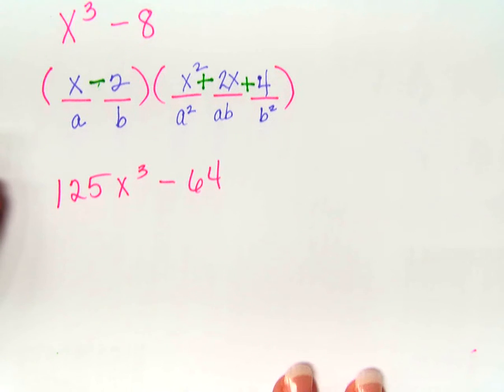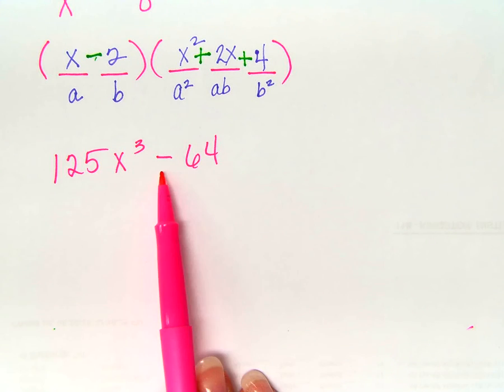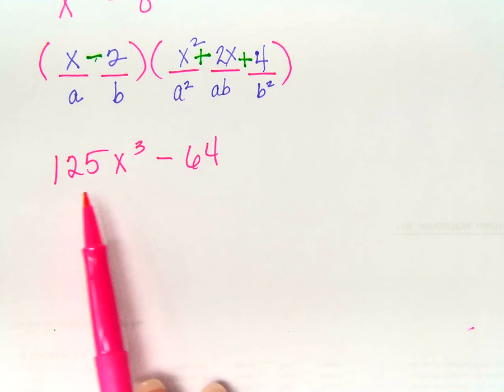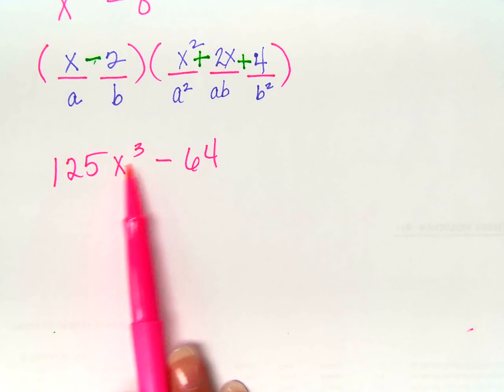Let's do this one. 125x cubed minus 64. What do you notice about both of those terms? First of all, it is a difference of... Is it the difference of cubes? It looks like it might be because there's an x cubed, right?